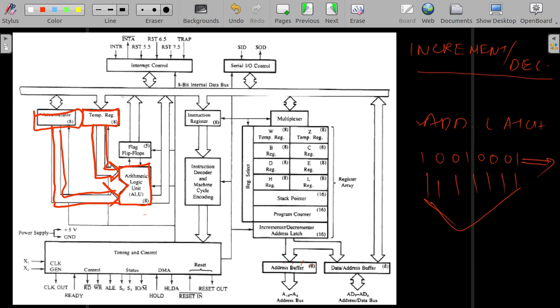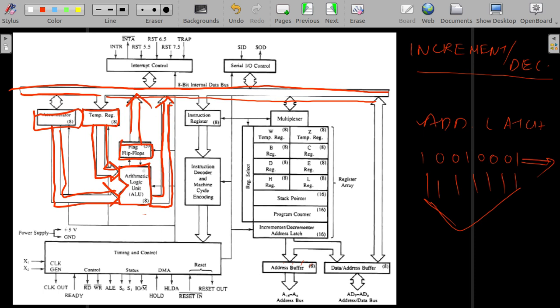Okay, so these two we have established, and we want to give the output. That also we have established. Then after that we draw the internal bus. Then we complete the ALU part with the flags.